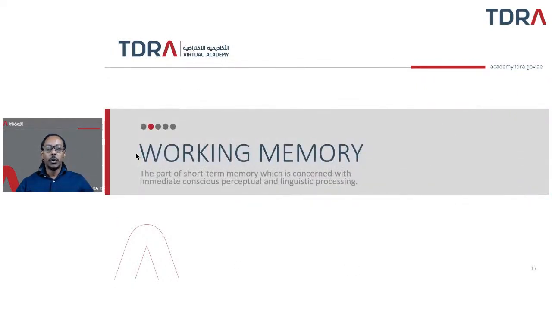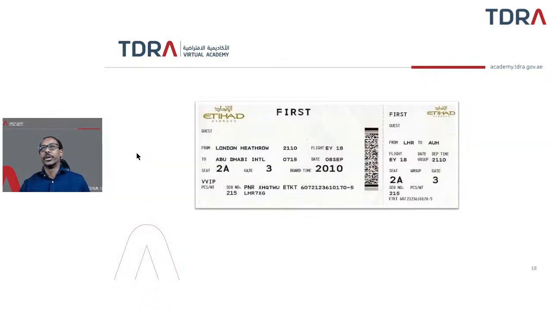Number two, working memory. This is the short-term memory, which is concerned with immediate conscious, perceptual, and linguistic processing. And again, the example here for the short memory and the issues with the short memory is your boarding pass ticket.